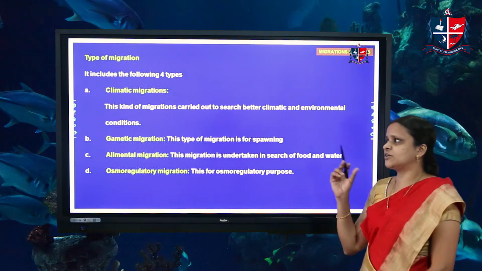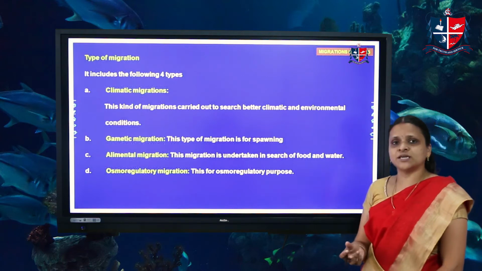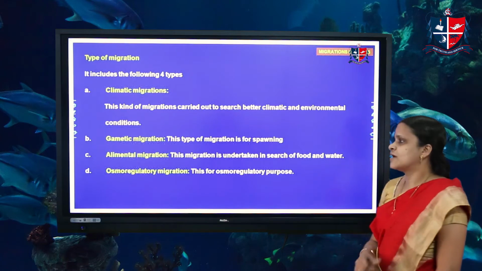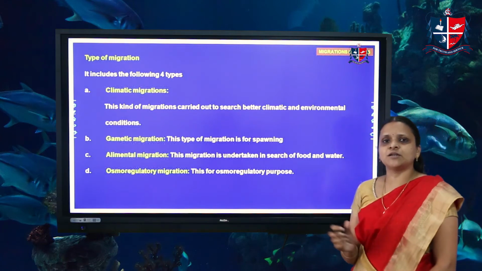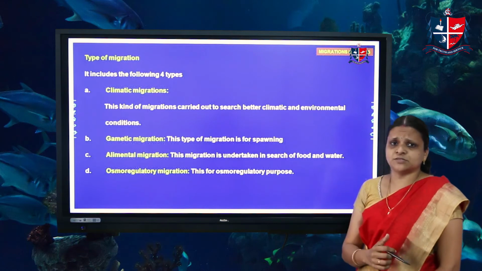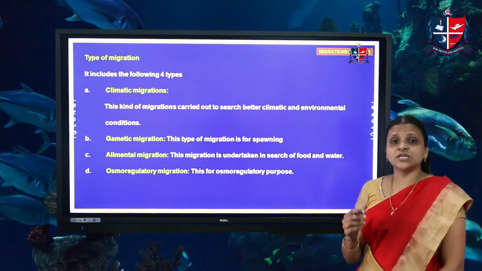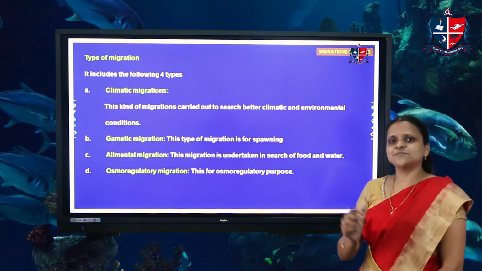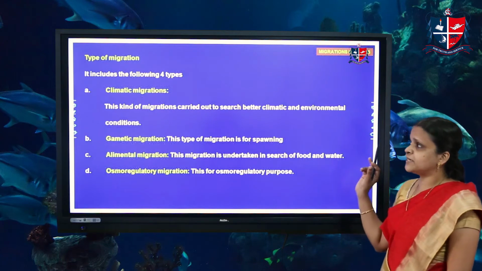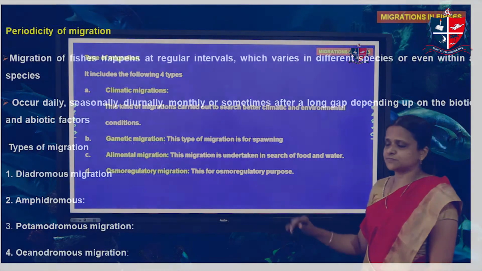Gametic migration is specifically for the purpose of spawning. The elemental migration is entirely for feeding, in search of food materials. The osmoregulatory migration is for osmoregulatory purposes.